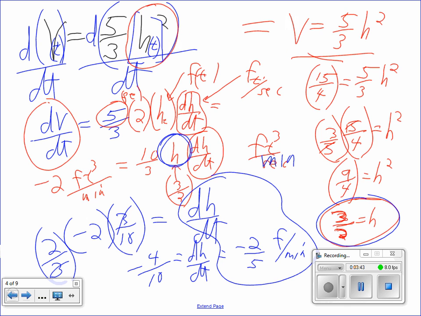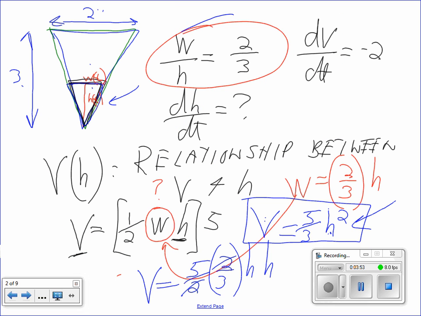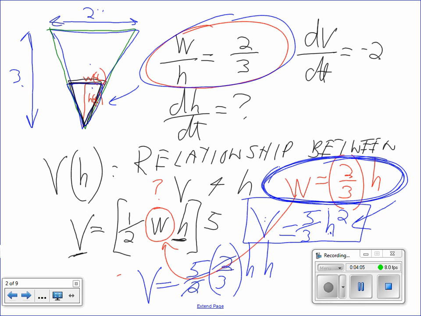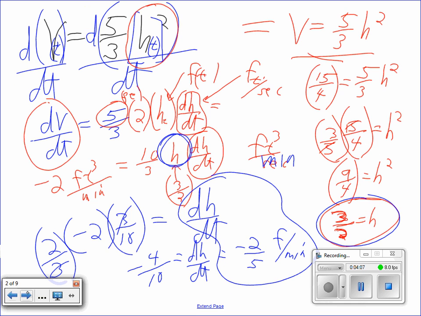Well, it turns out, remember that relationship? Where was it? Go back one more. Oh, here it is. Once again, from similar triangles, W is 2/3 h. That was a key to be able to work this problem.